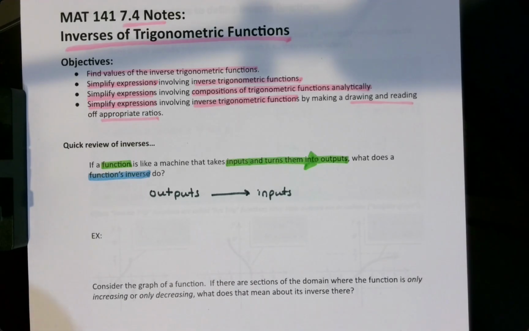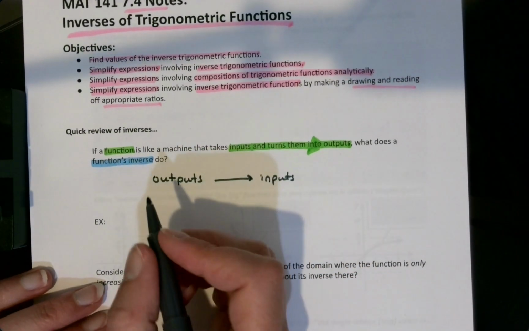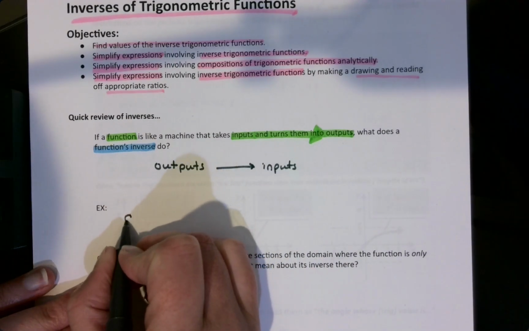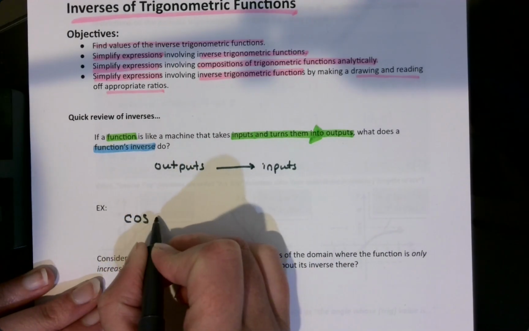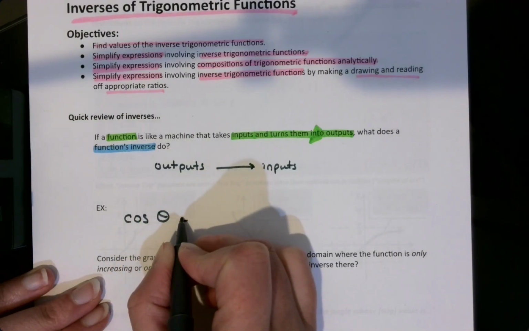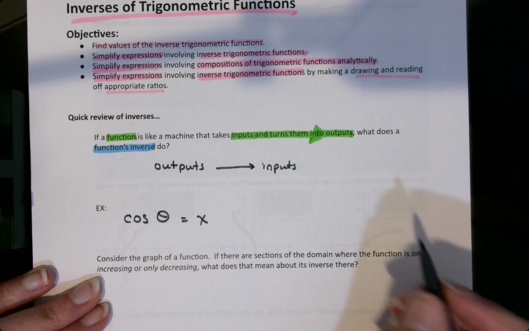For example, if we consider one of our trigonometric functions, let's go ahead and use cosine. Sine gets all the use. So let's take the cosine function, where the cosine of theta, some angle, is equal to the value x.